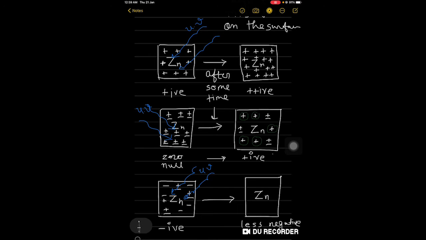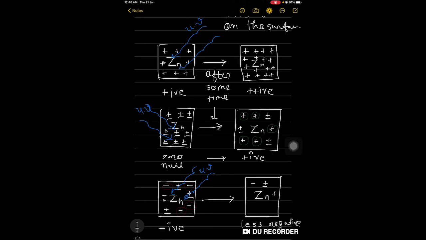That means initially we can draw, 1, 2, 3, 4, suppose 4 electrons were there initially. Then after the incident of UV light we found that only a few electrons remain there.